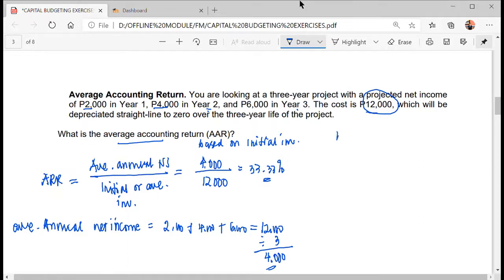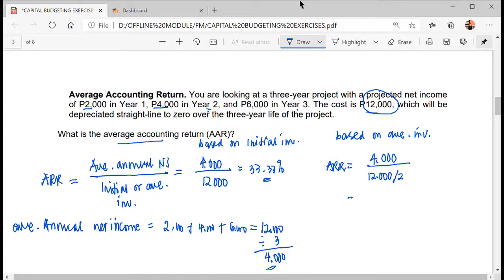If it is based on average investment, our ARR here would be 4,000 divided by 12,000 divided by 2, because you average the 12,000.